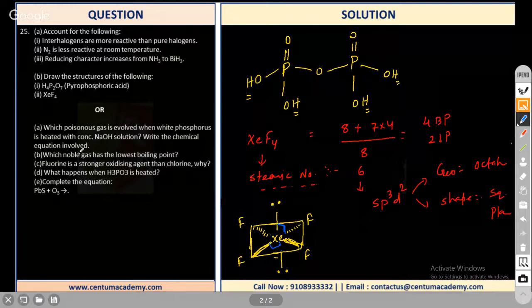Next one, which noble gas has the lowest boiling point? Boiling point order. Next one.